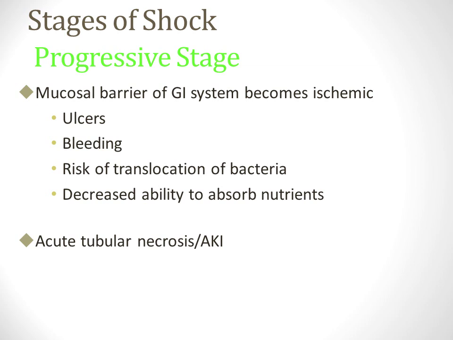We know with the GI tract that there can be ulcers and bleeding, and peristalsis is decreased. In the small intestine, the mucosa can become necrotic, slough off, and cause bloody diarrhea. The patient's at risk for translocation of bacteria. Remember we talked about those toxins that enter the bloodstream through the lymph system.